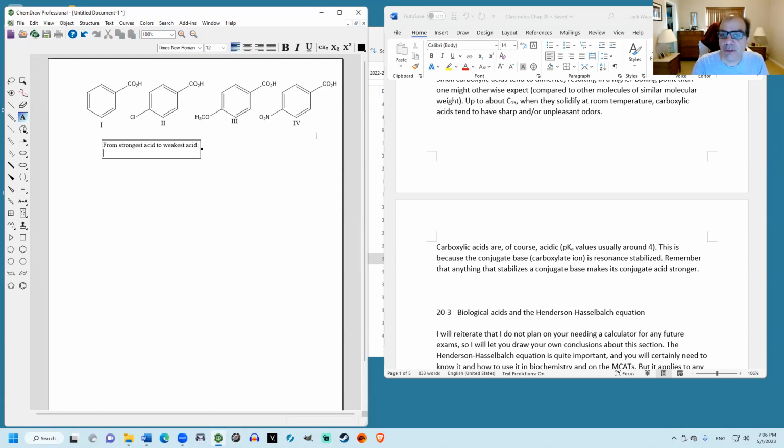And so we want groups on the benzene ring that will remove electron density. The one that's best at that is the nitro group. The second best is the chlorine, because it's quite electronegative. So I think that will be next.